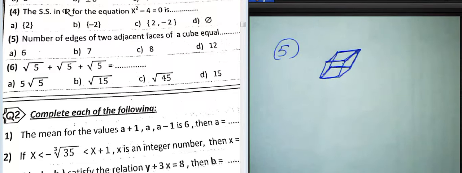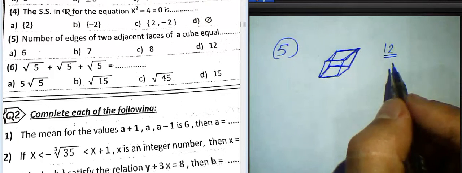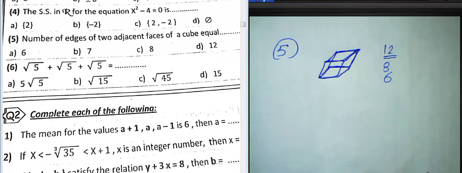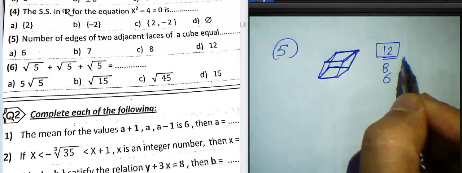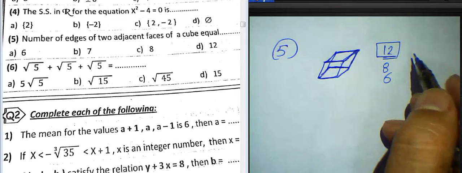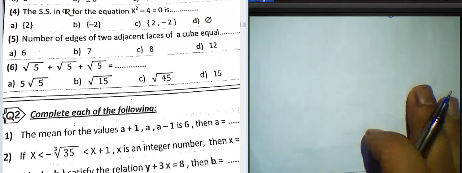We have a cube here. We have 12 edges in a cube, 8 vertices and 6 faces. Okay, letter D, 12. He asked about the number of edges of the cube; we have 12 edges in a cube.